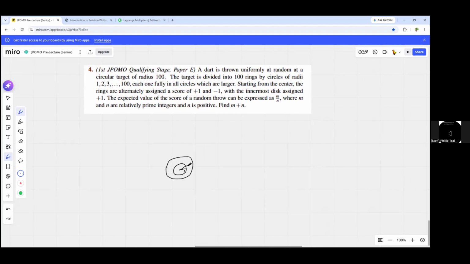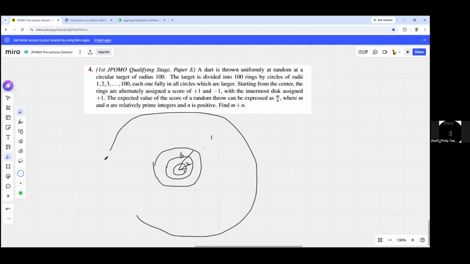So this is a circle with radius 2. This is a circle with radius 1. And this is the circle with radius 3, etc., etc., all up to 100. Sorry for my bad circle drawing.